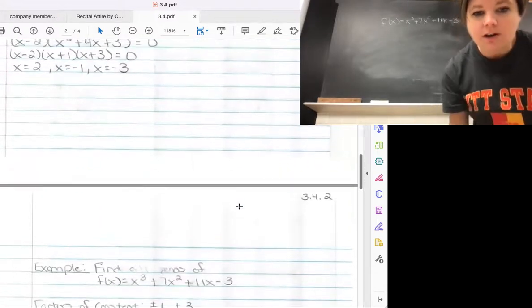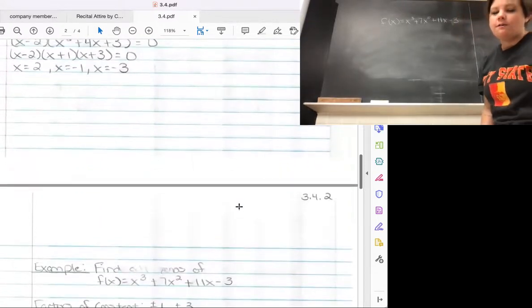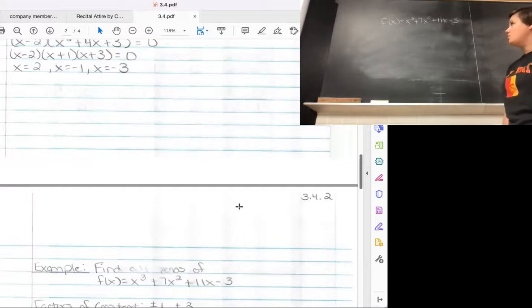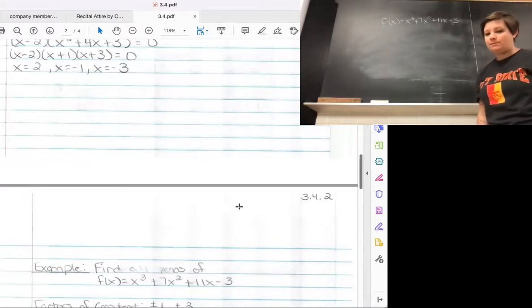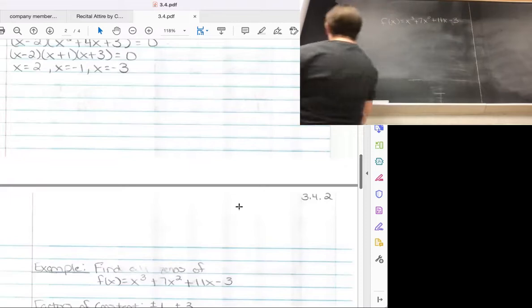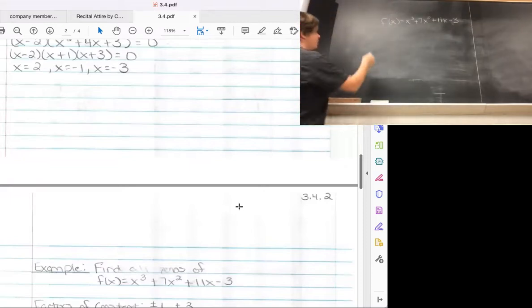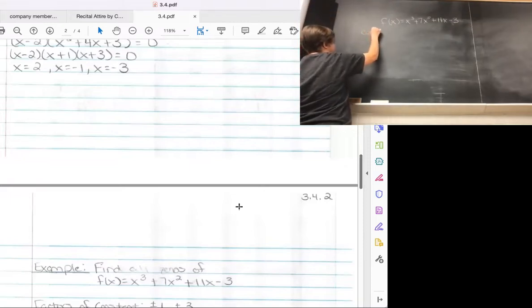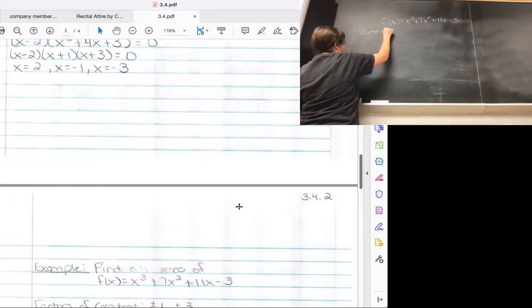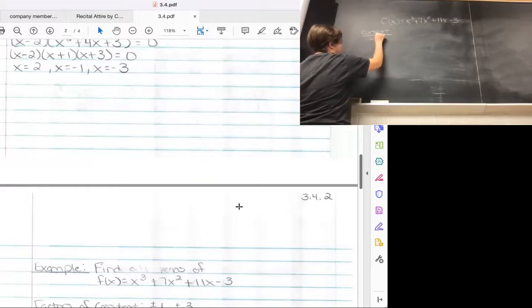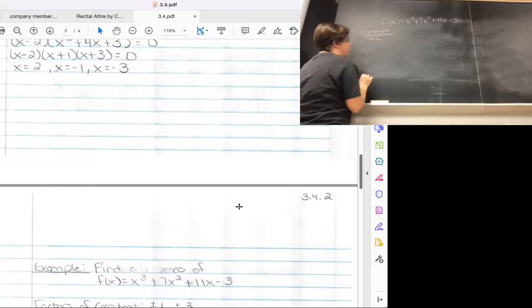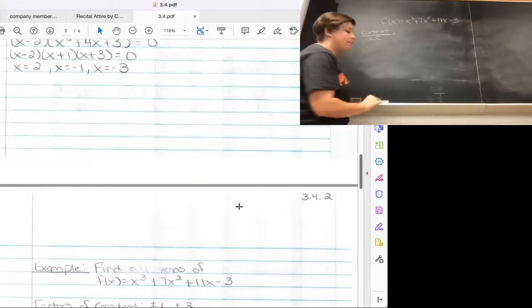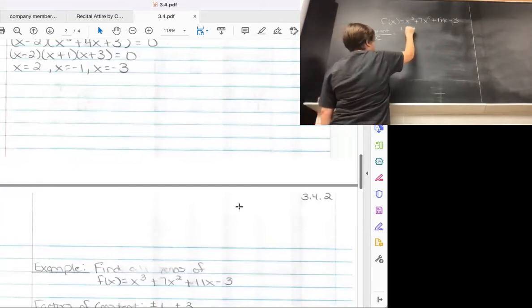We are going to find all of the zeros for f of x equals x to the third plus 7x squared plus 11x minus 3. First step is the rational root theorem, where we look at the constant over the leading coefficient. The constant in this case is 3, so that's plus or minus 1, plus or minus 3.